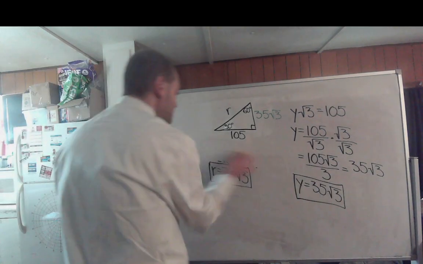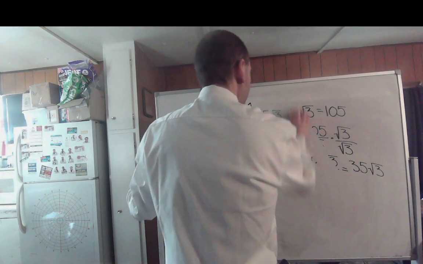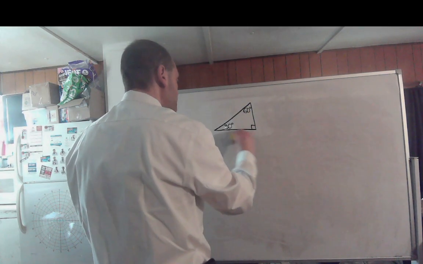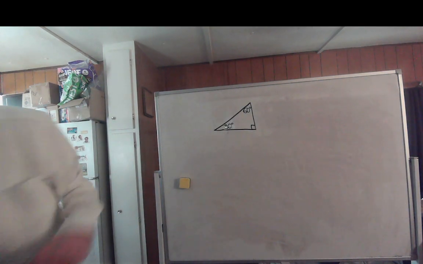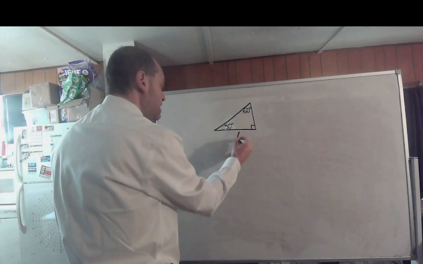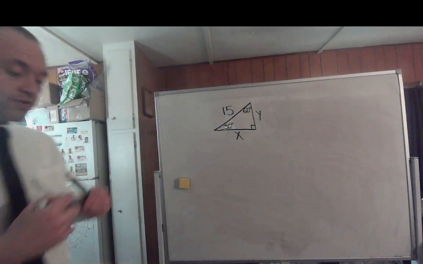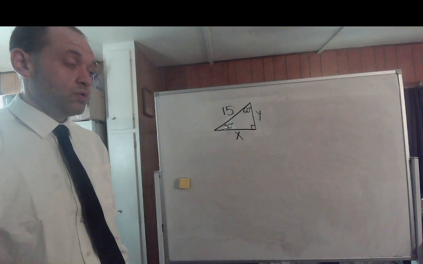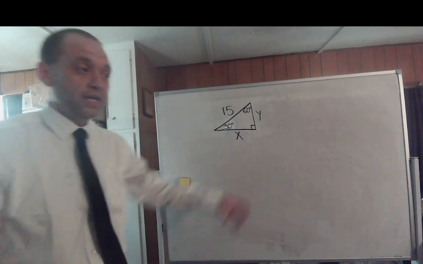I got more of these. Is it the same type of triangle? Yes, it is. Okay, so we have x, y, and 15. So we have another 30, 60, 90 right triangle. However, we know the length of the hypotenuse, we don't know the length of either leg.